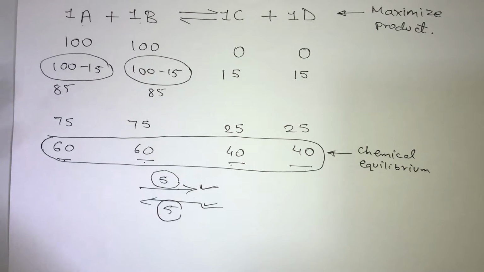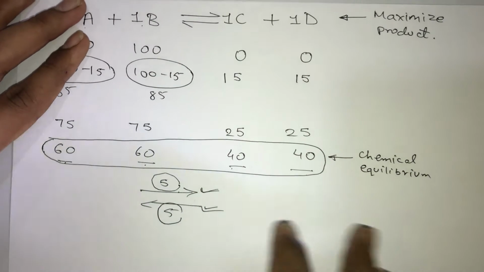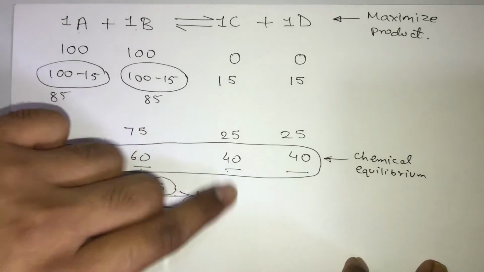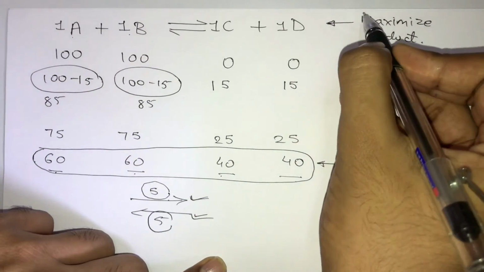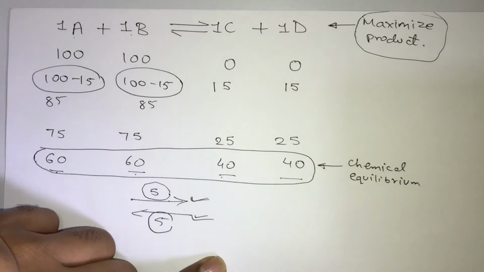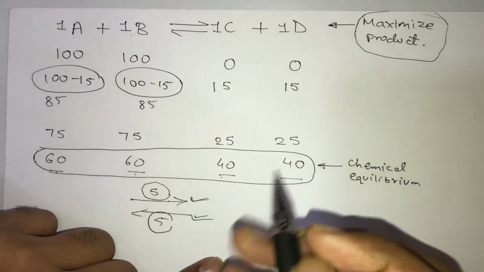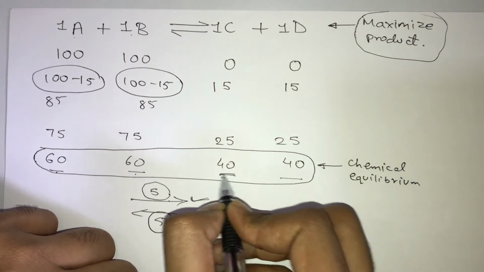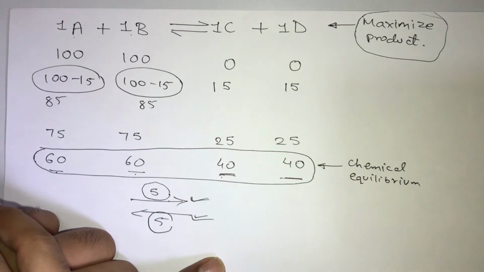Now, but as mentioned earlier, you are a manufacturer and your job is to maximize the product. Am I right? But instead of maximizing the product, you are getting only 40 moles of products.